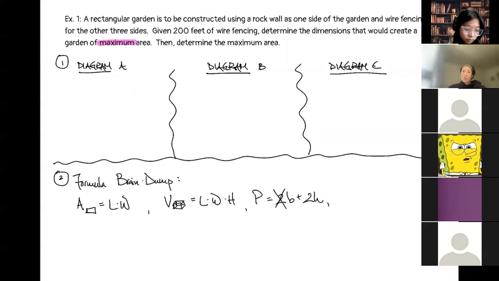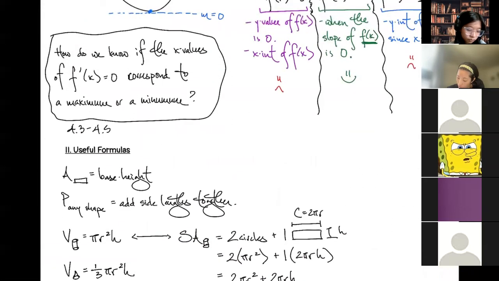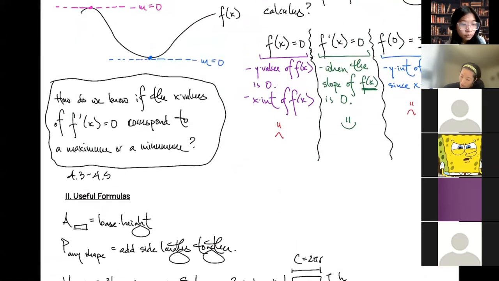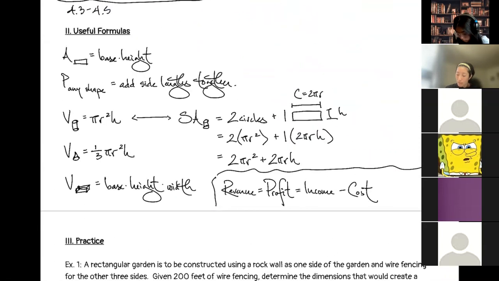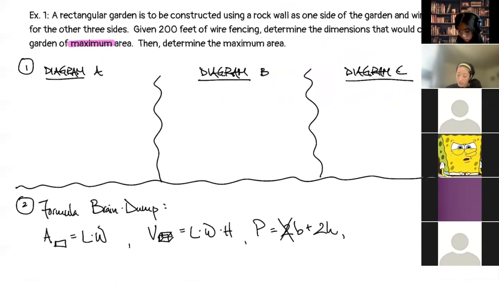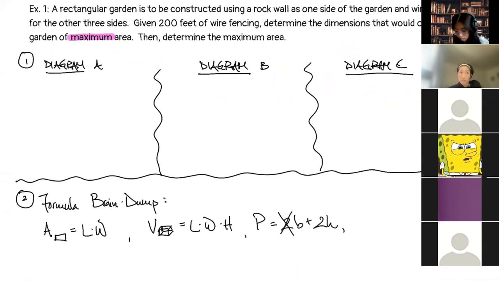As we said on the previous slide, anytime we're looking for a maximum, we are going to be finding when the slope of the function is 0. In other words, procedure-wise, we're doing f prime of x equals 0. So at some point in this problem, I'm going to be taking an equation and finding the derivative. I better have an equation, I better find the derivative, and find the x values that make that work.